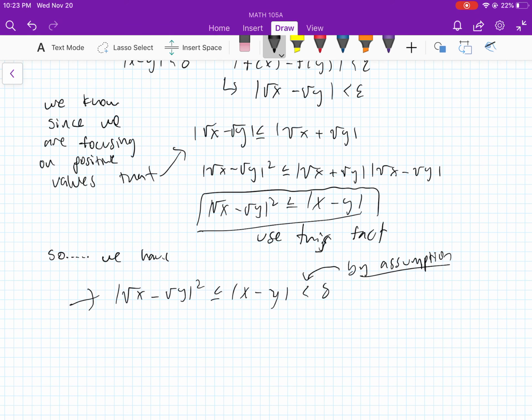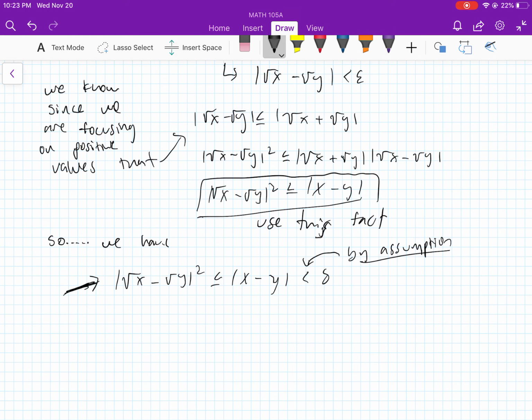So right now I'm just manipulating so I can get to square root of x minus square root of y and see what that would look like in terms of delta, essentially. So if we just hit everything with the square root, and we know everything's square rootable, I guess, because they're all positive numbers, right?